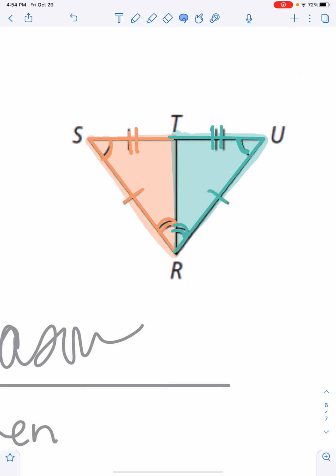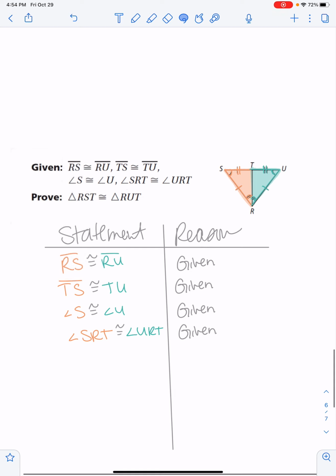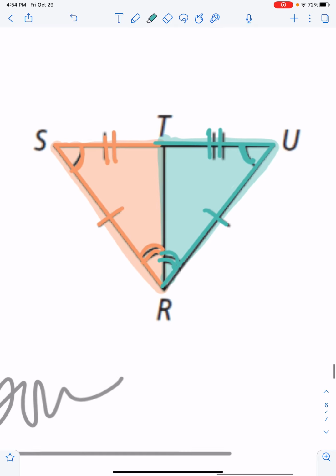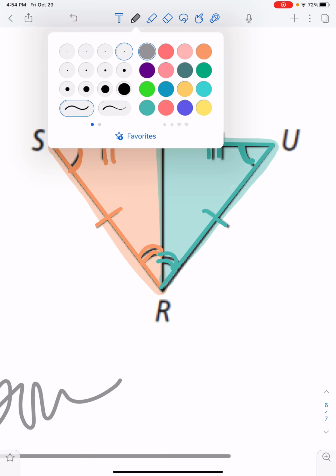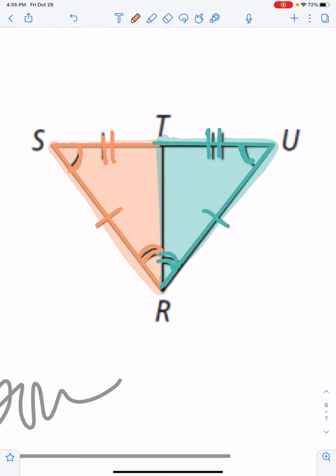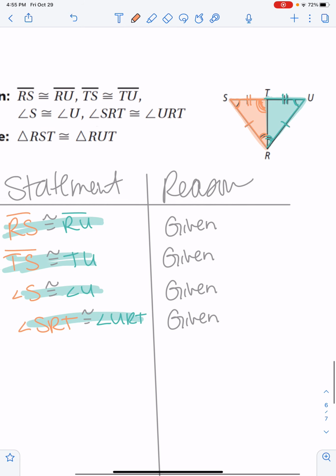There we go. So we have 2 sides and 2 angles. So we just need one more angle and one more side. I'm gonna go ahead and do the angle. I think that's one of the easier ones because we already have 2 of the angles. So this is just called third angles theorem.